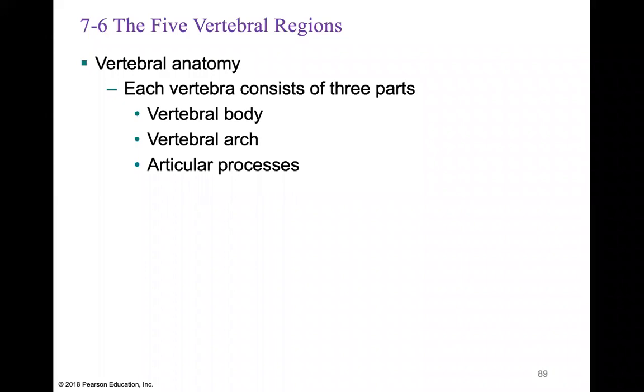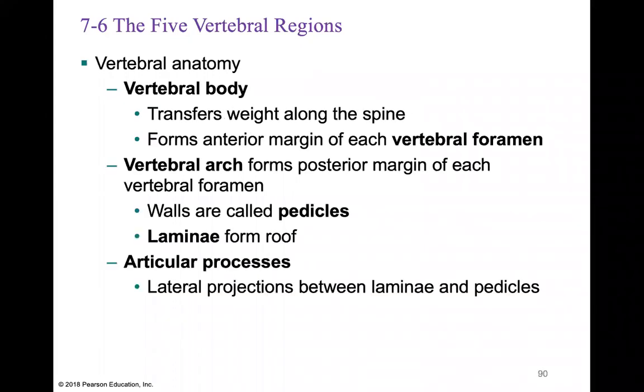Looking at vertebral anatomy, each vertebra is going to consist of 3 primary parts: a vertebral body, a vertebral arch, and articular processes. The vertebral body is going to be the base of the vertebrae, and this is actually going to transfer the weight along the spine.